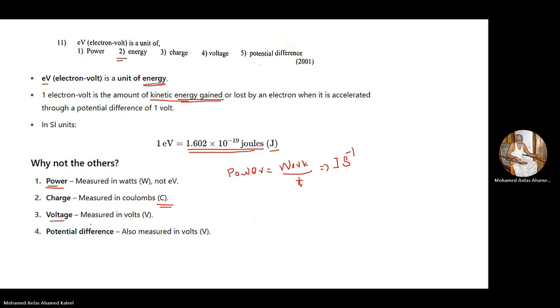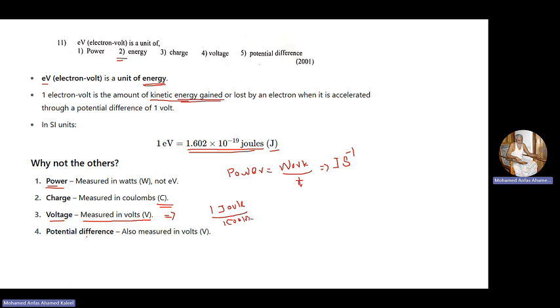Voltage is measured in volts, but it also has units. So the voltage is measured as 1 joule over 1 coulomb. 1 joule over 1 coulomb is the volt.